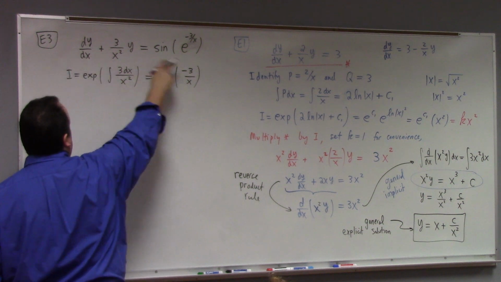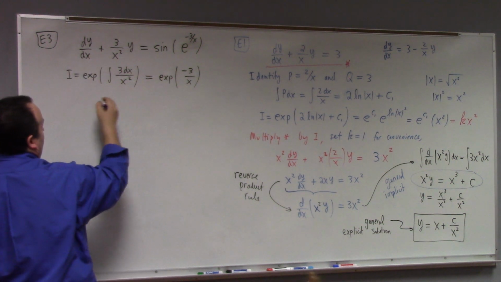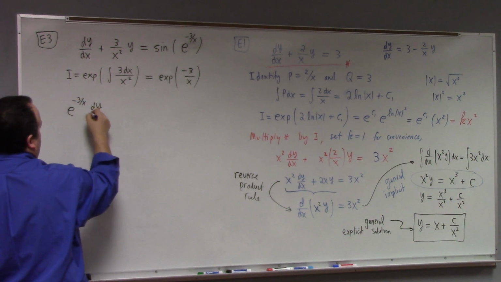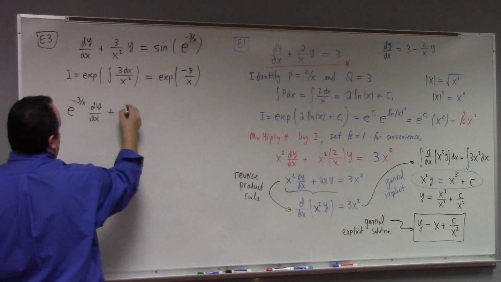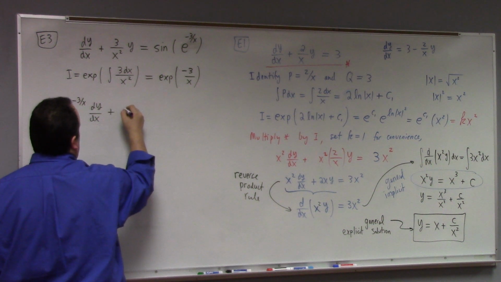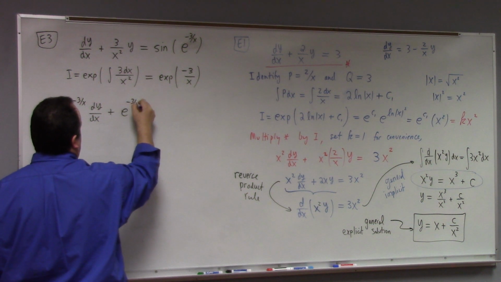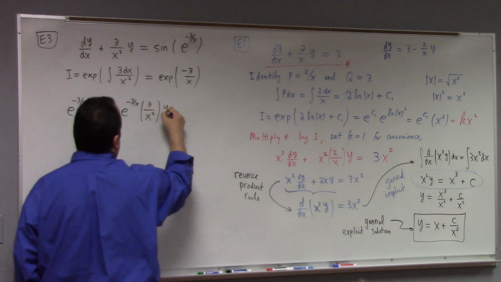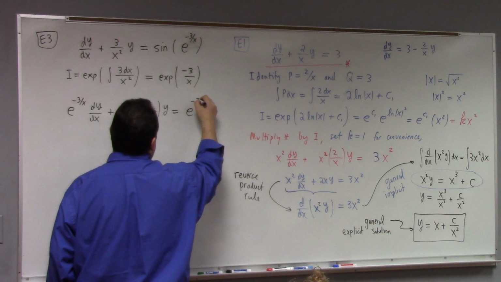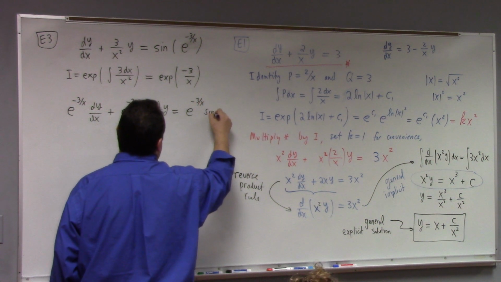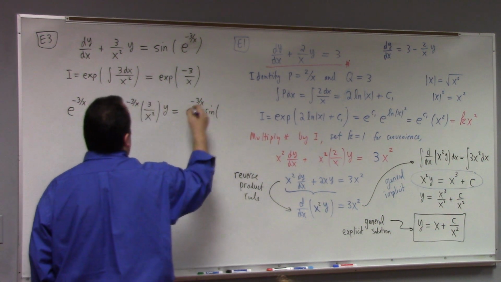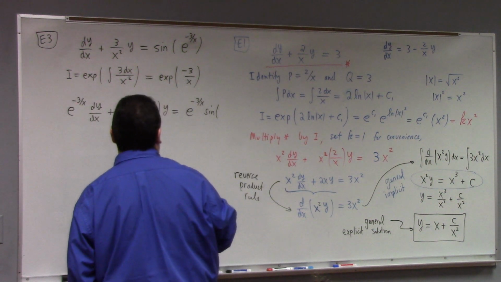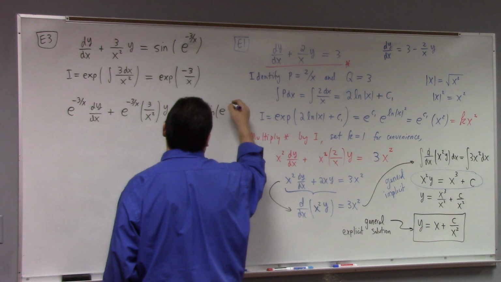To multiply by the integrating factor, what do we have? We have e to the minus 3 over x dy dx plus e to the minus 3 over x times 3 over x squared y equals e to the minus 3 over x times the sine of, oh man, I don't think it's going to work.